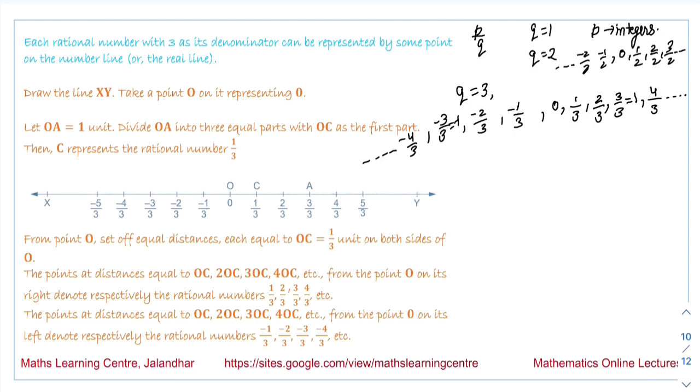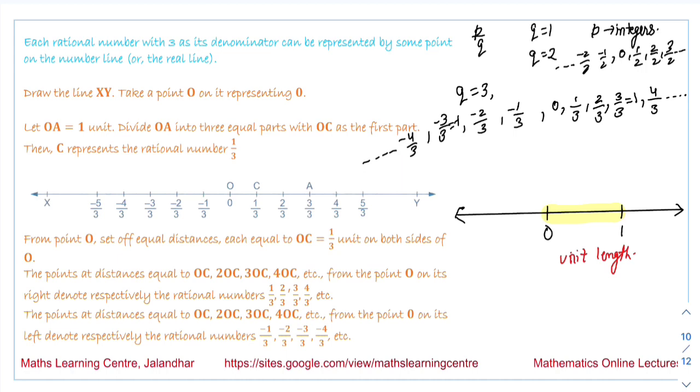We are taking a line, a unit length of number. We have drawn a line over here, we mark the point 0 over here, and this is the point 1. When we were drawing the numbers with denominator 2, we divided this whole length, which is called the unit length, in two parts.